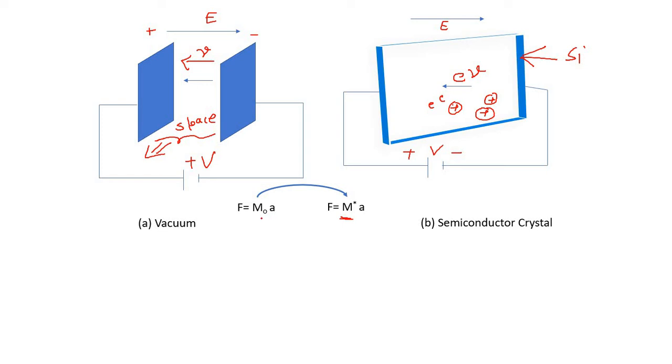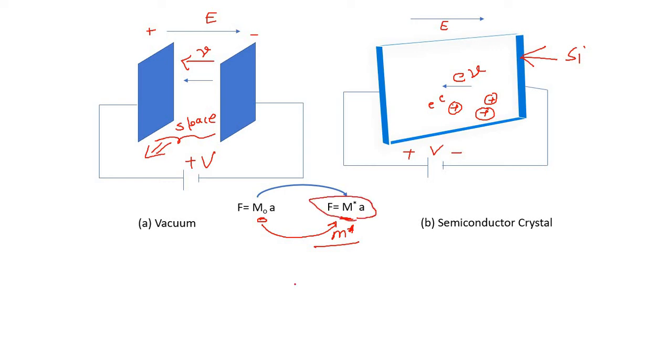If you replace the rest mass with the effective mass m star, where you either add some mass or reduce some mass, but consider all these effects in this effective mass, then you can apply Newton's second law.